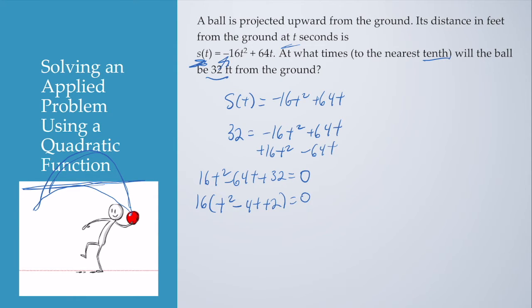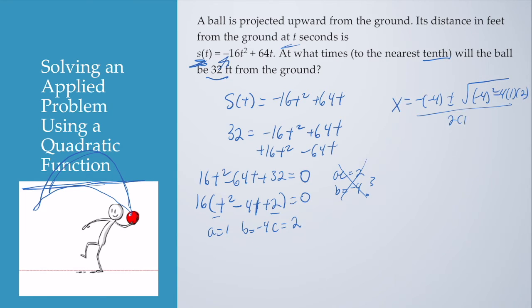And I think to myself, okay, are there any factors of AC, which is 2, that add up to b, which is negative 4? No. So I need to use the quadratic formula. a is 1, b is negative 4, and c is 2. So x is negative b plus or minus the square root of b squared minus 4ac all over 2a.